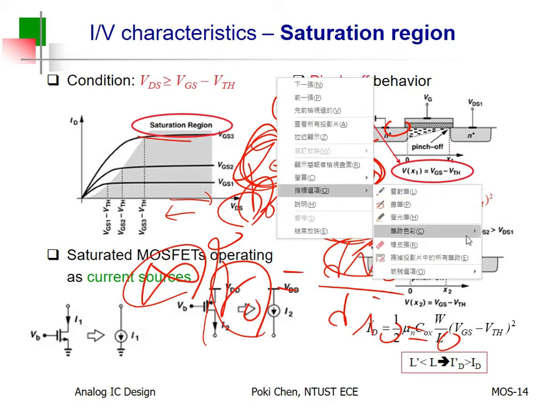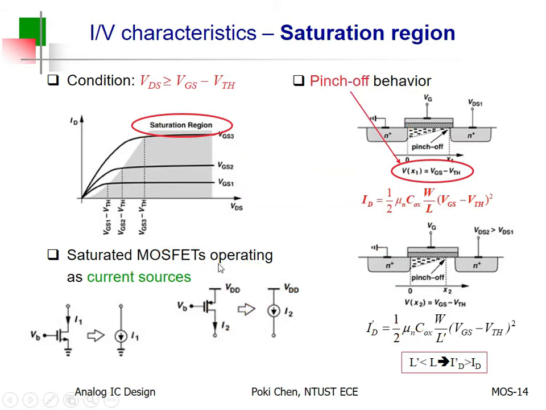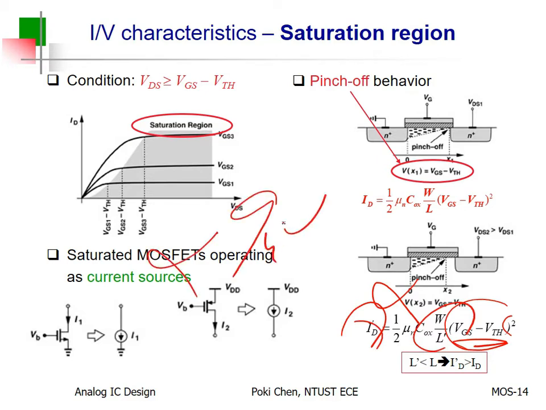Till now, I have explained why ID is proportional to the square of the overdrive voltage. And how about the others? You can guess. The current is proportional to the conductivity. Conductivity is proportional to area over length.